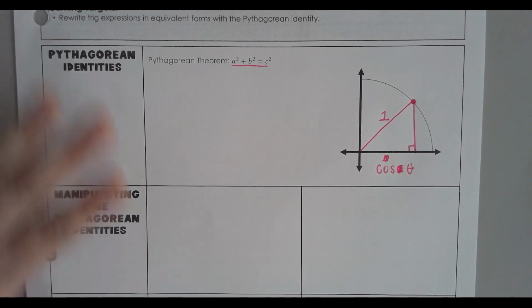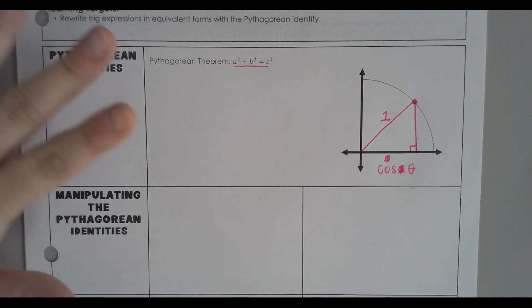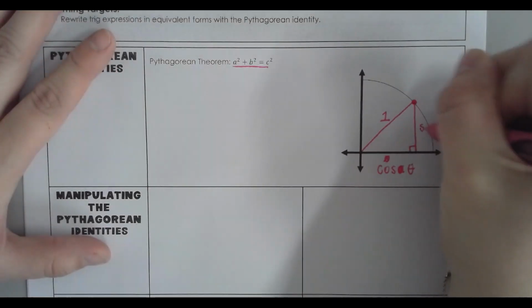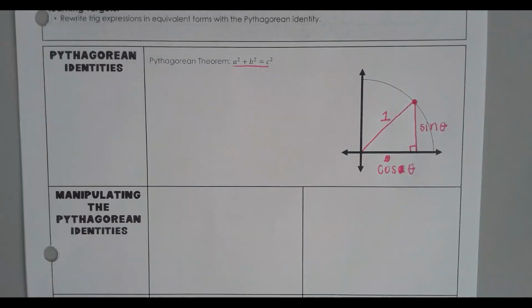The height of the triangle is the y value of that coordinate. Which one was the y value? Sine. So we can develop this triangle just by remembering that cosine is our x value, the length of the bottom, and sine is the y.